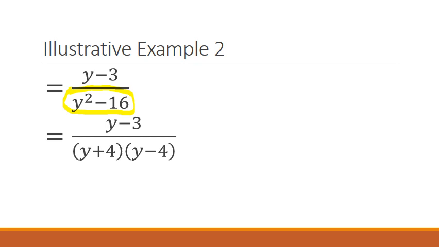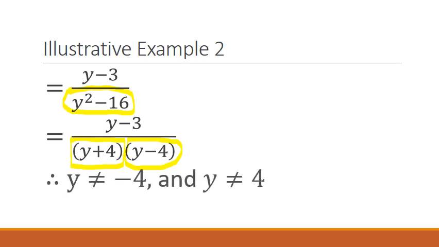So we have here two expressions, y plus 4 and y minus 4. So we have two values for our excluded values. Whenever we equate y plus 4 to 0, we can simplify it as y equals negative 4.